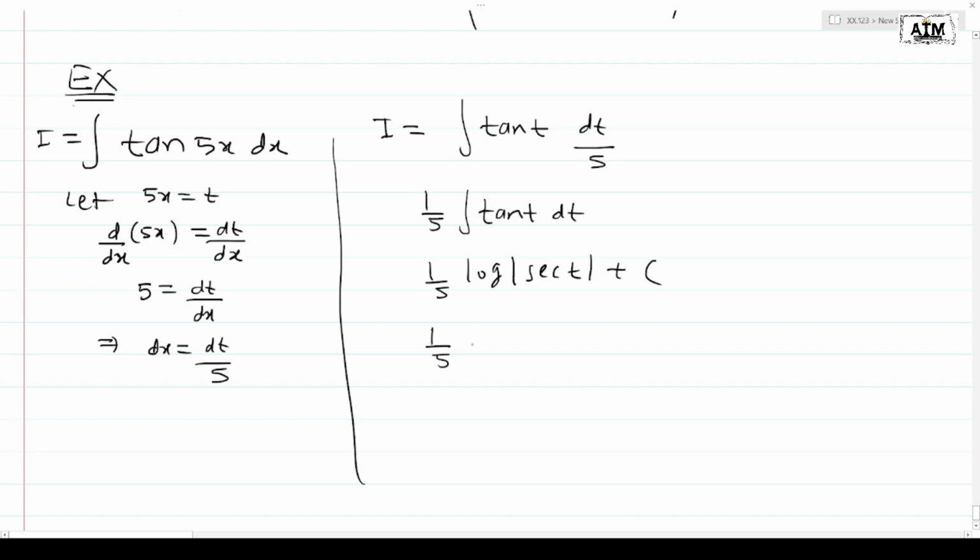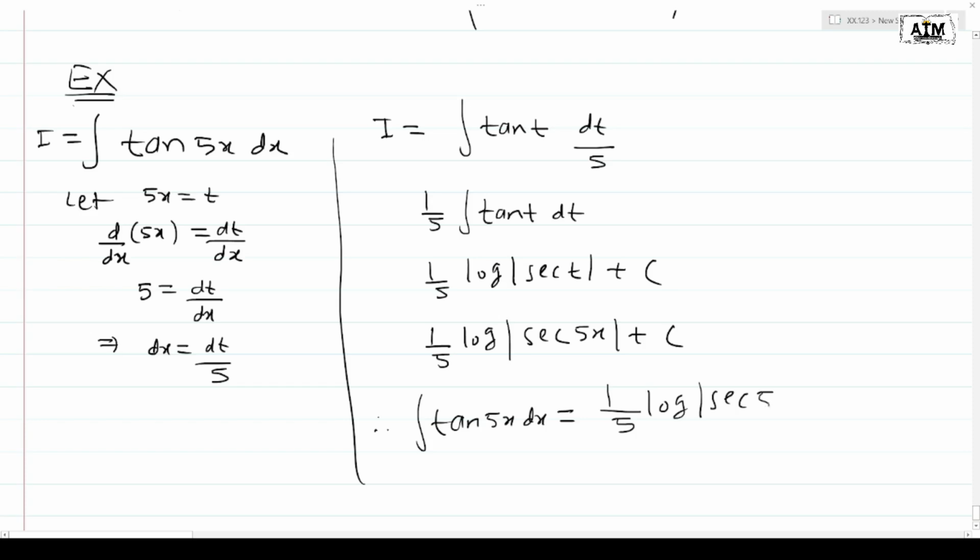Now replacing back the value of t, that is t which is nothing but 5x plus c. Therefore integration of tan 5x with respect to x equals 1 upon 5 log of modulus sec 5x plus c is the required solution.